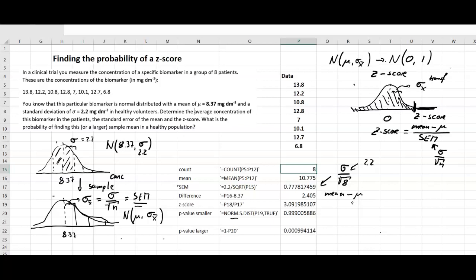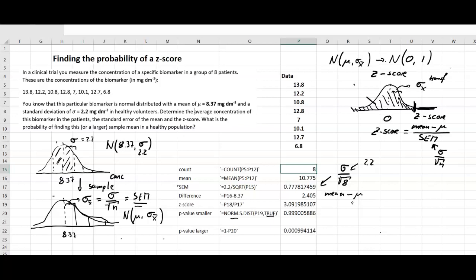And if we put that in with this formula here, we are putting in the z-score, and we say TRUE. This TRUE means give us everything that is to the left of the z-score. We get a probability of 0.999.